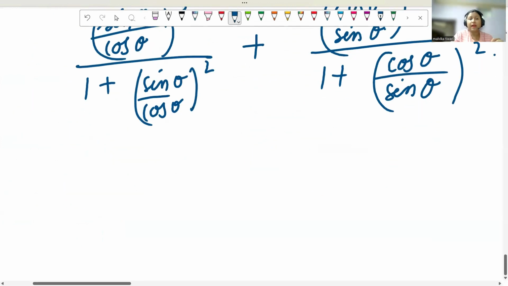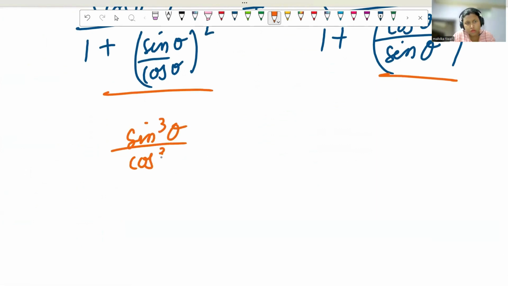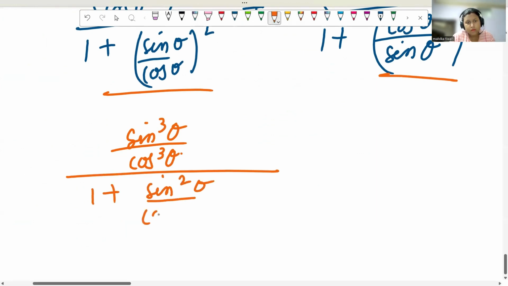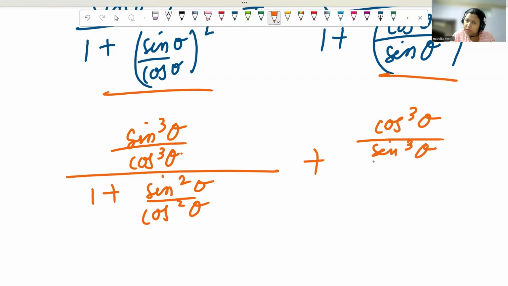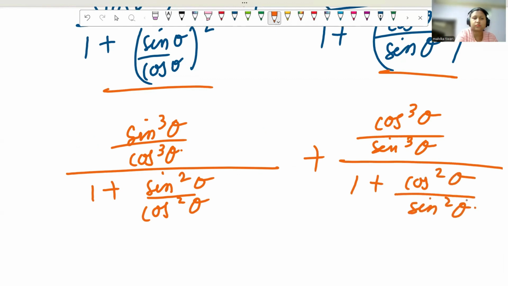Now, first of all, we'll have to open up this bracket and solve both the denominators. So, sin cube theta by cos cube theta divided by 1 plus sin square theta by cos square theta, plus cos cube theta by sin cube theta divided by 1 plus cos square theta by sin square theta.